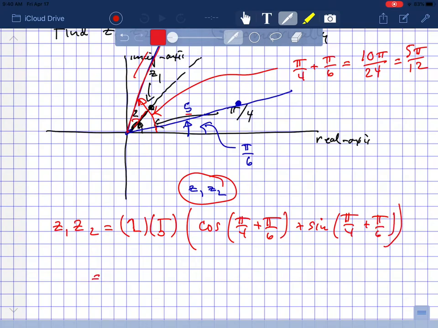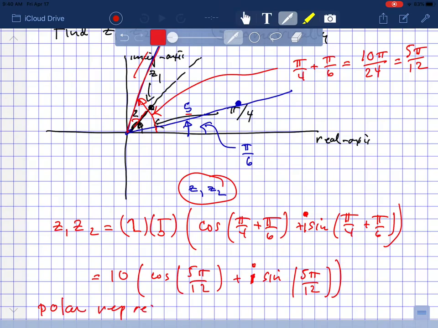And so this gives me 10 times the cosine of 5 pi over 12 plus i times the sine of 5 pi divided by 12. So this is a polar representation of z sub 1 times z sub 2.